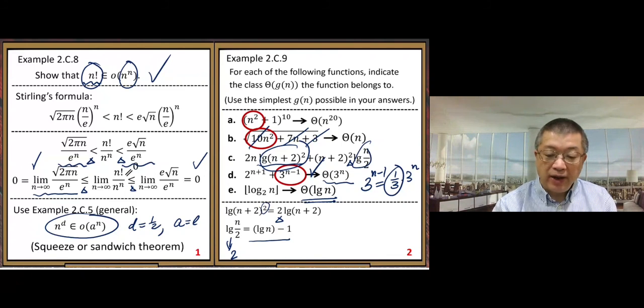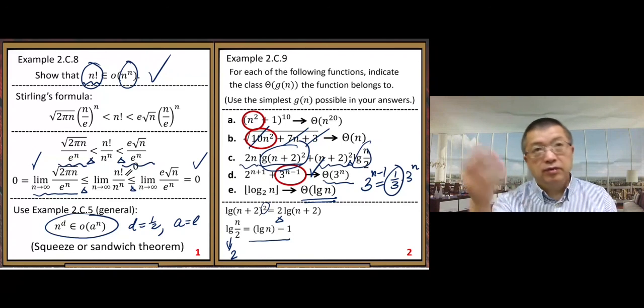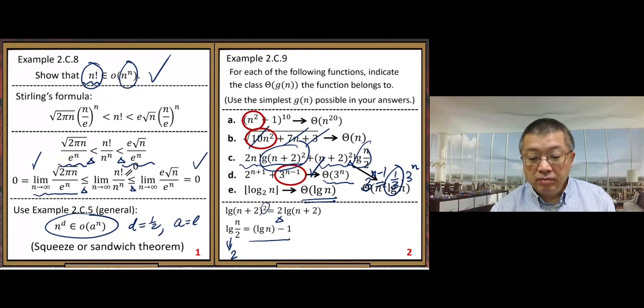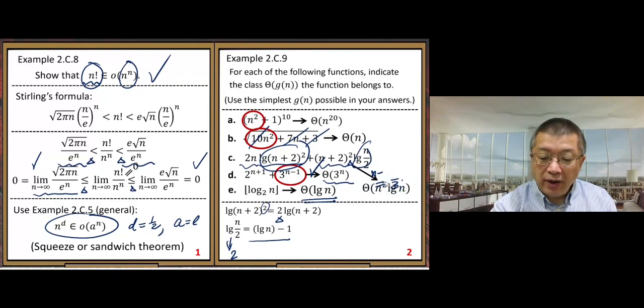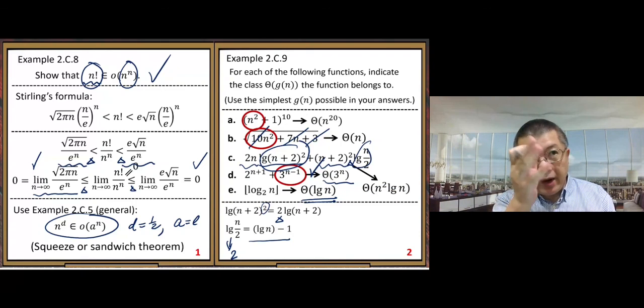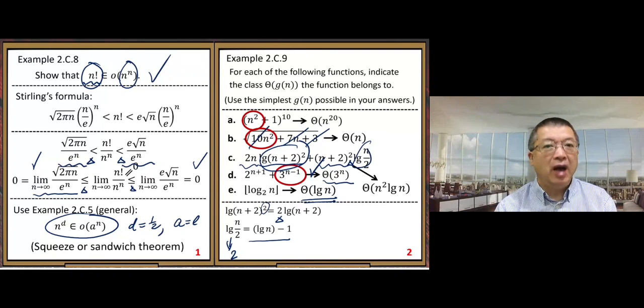But the polynomial part, n squared, in the second one is higher, larger. So the big theta class is n squared log of n.